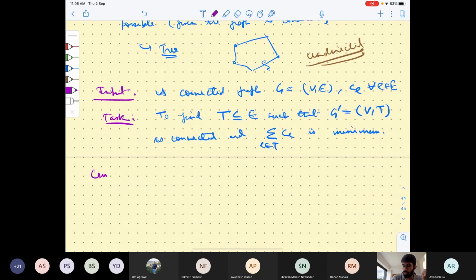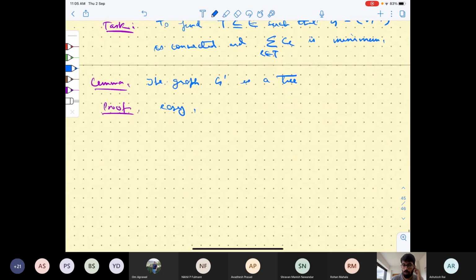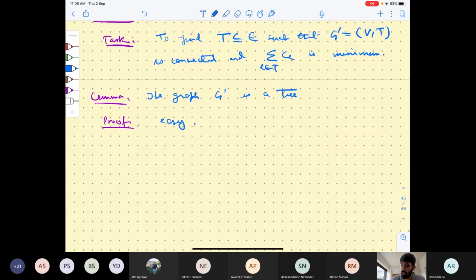So the first lemma, as I said, very simple: you can just show that the graph G prime is a tree. And the proof is easy, I'm not going to do that. So now this tree, or T subset of E, is called a spanning tree.